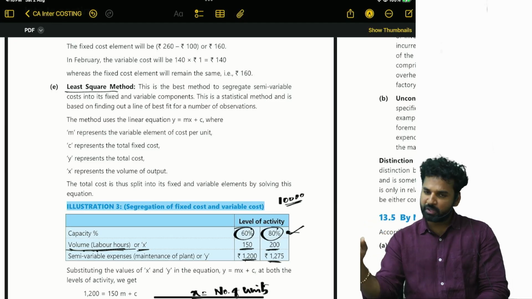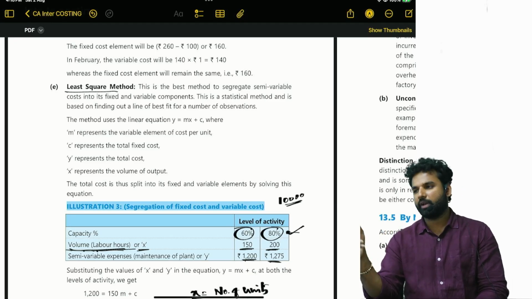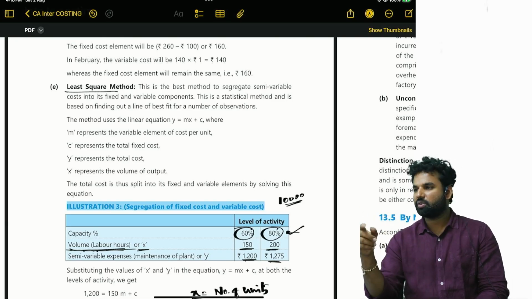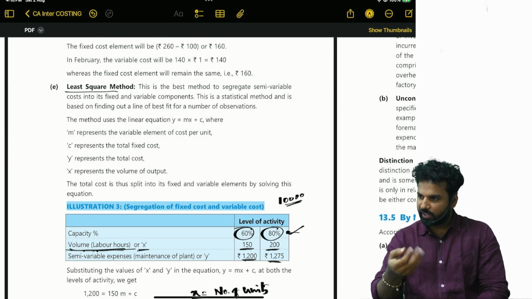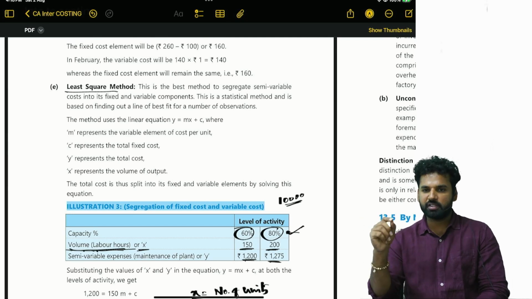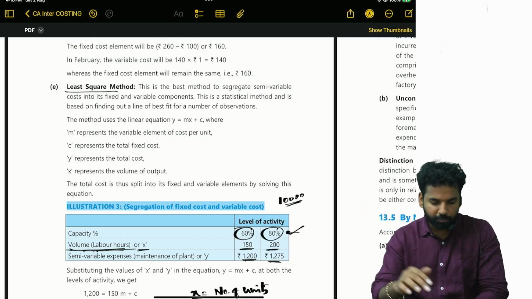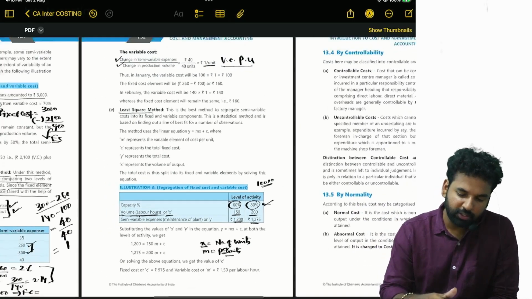By solving the equations you will get the answer. You can solve by equation 2 minus 1 since it is a linear equation. There are no squares; if there were squares, we would have to solve differently. Here it is a simple linear equation, so 2 minus 1 gives the answer.